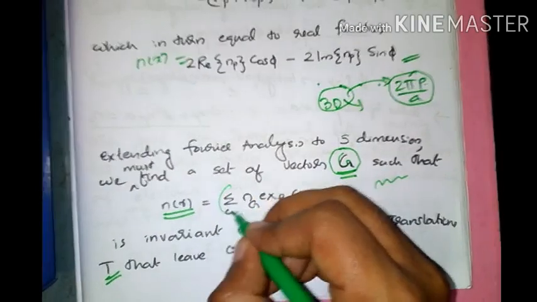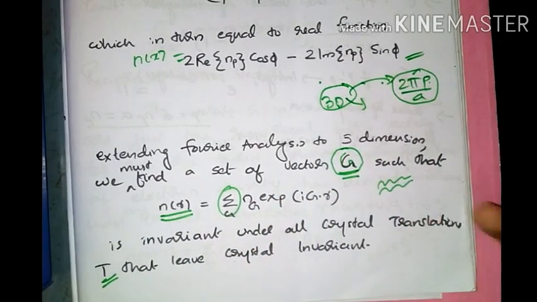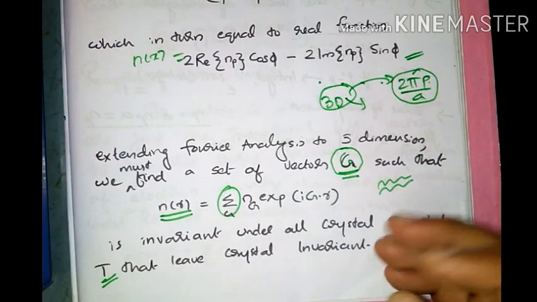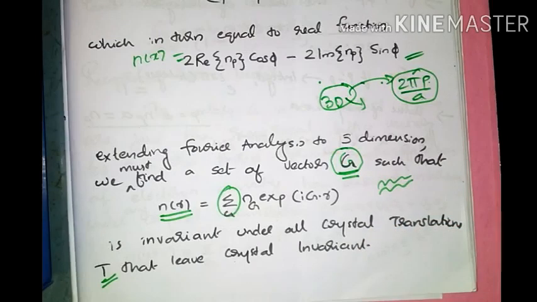We have a summation here, a large number of frequencies composed or analyzed when we do the Fourier transform.